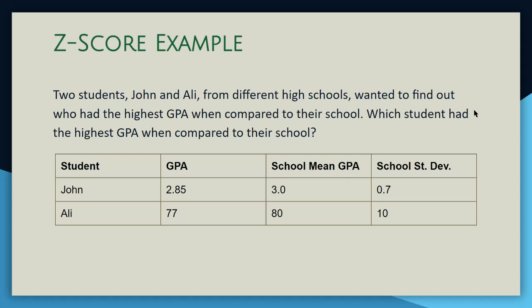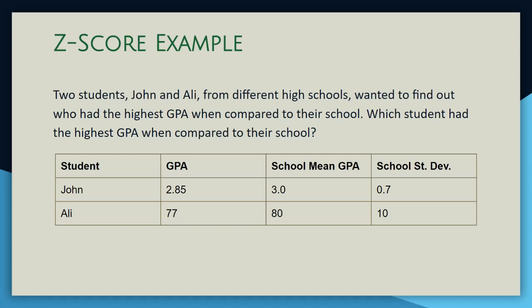So 2 students, John and Ali, from different high schools, wanted to find out who had the highest GPA when compared to their school. Which student had the highest GPA when compared to the rest of their school? So from the table, we can see John had a GPA of 2.85. The school average was 3.0, and the standard deviation for his school was 0.7.